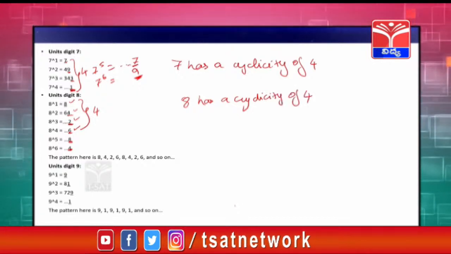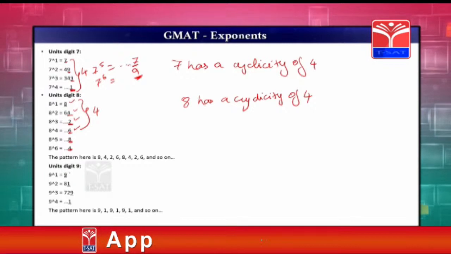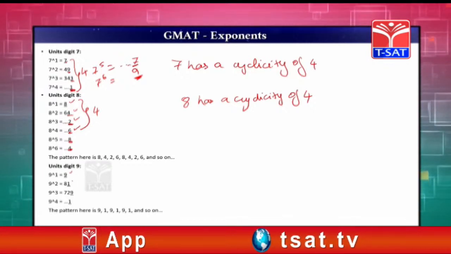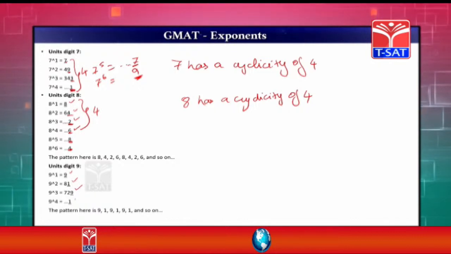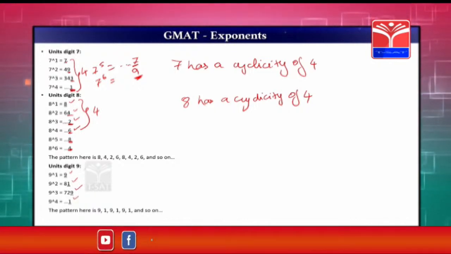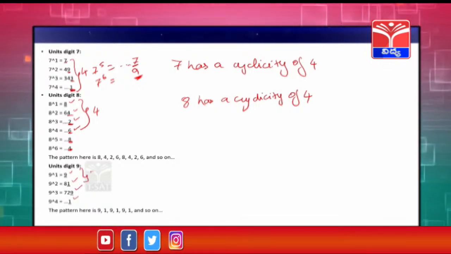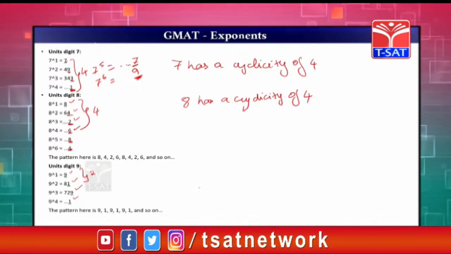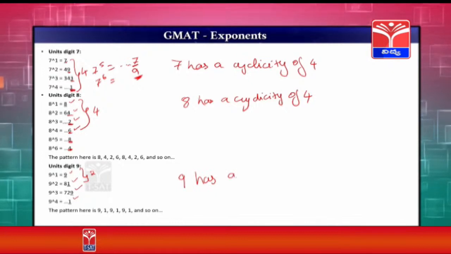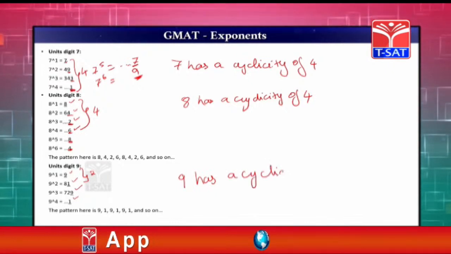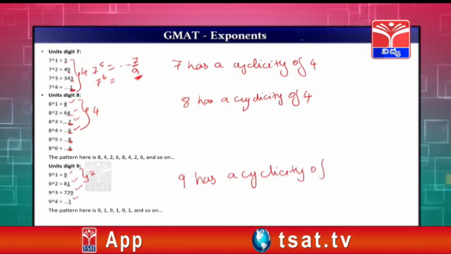When you look at 9, 9 to the power of 1 is 9, 9 squared is 81 with 1 at the units digit, 9 cubed has 9 at the units digit, and 9 to the power of 4 has 1 again. Here it repeats itself after every 2 numbers, which means 9 has a cyclicity of 2.